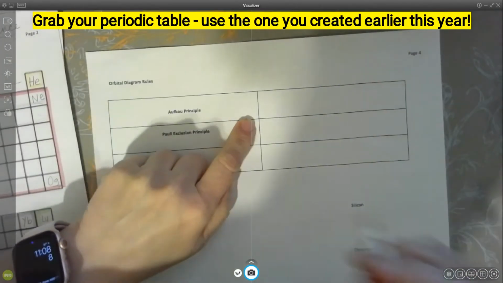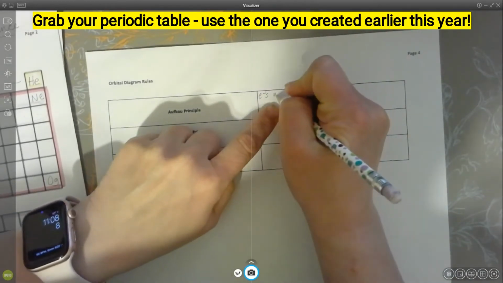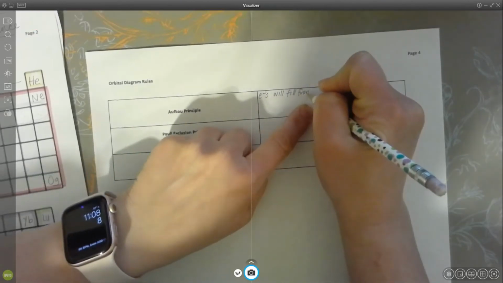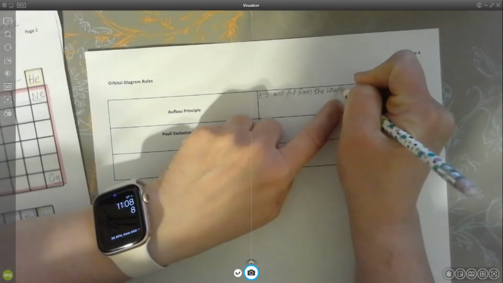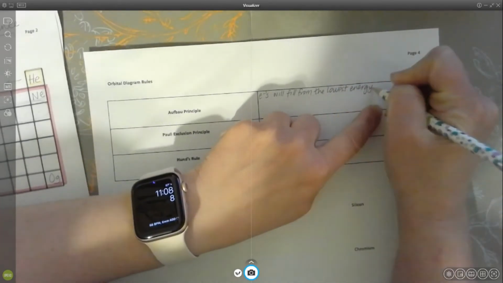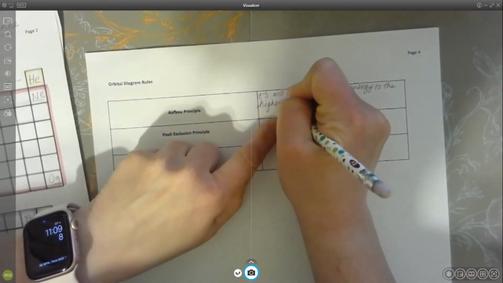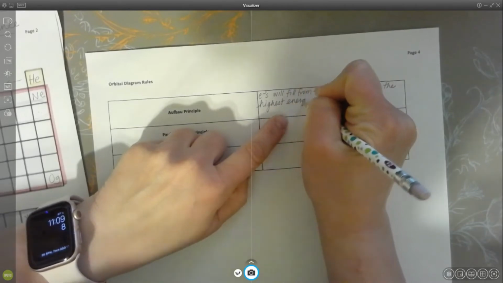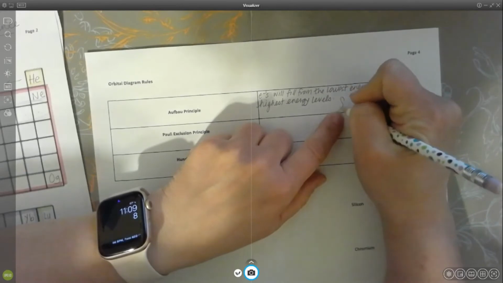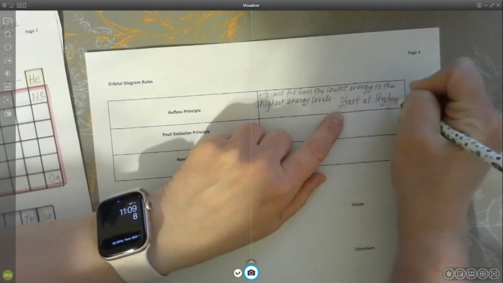So Aufbau's principle is going to essentially say that electrons will fill from the lowest energy to the highest energy levels. And so I'm always going to say to my students, start at hydrogen.